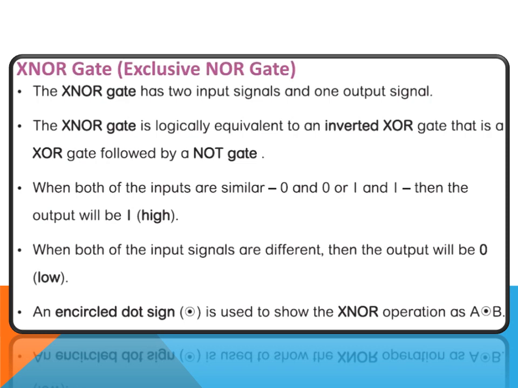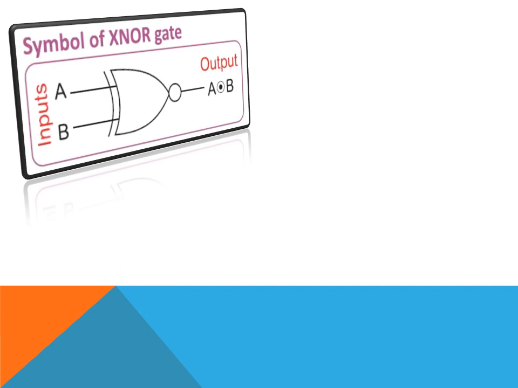So if the inputs are A and B, then the output of XNOR gate will be represented as A encircled dot B. So this is the diagram for XNOR gate. See, there is an XOR gate followed by a dot, that means followed by a NOT gate. So when inputs are A and B, the output is A encircled dot B.